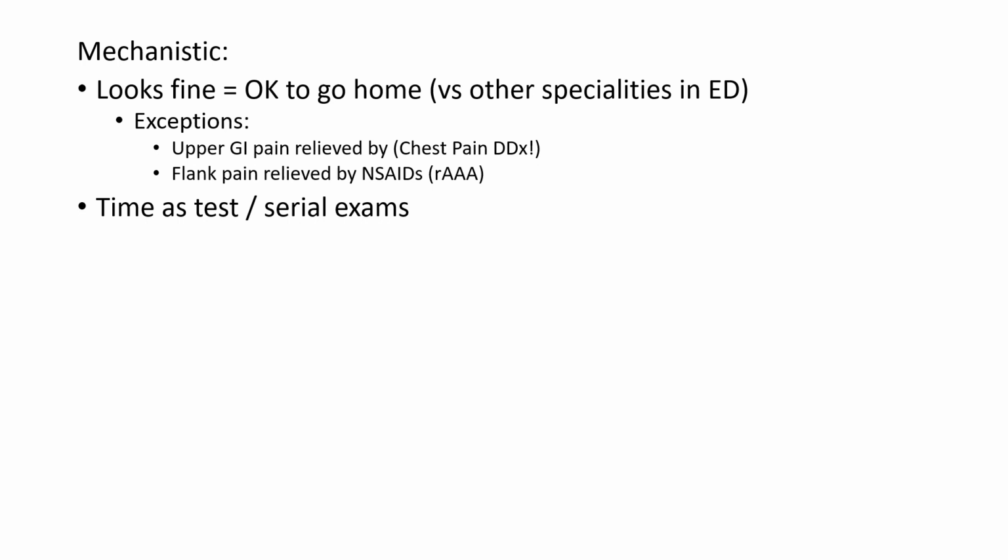Okay. Then another mechanistic argument is usually time as a test, or serial tests, because if something has gone wrong, and this kind of relates to the first point, then it should develop, right? If it's an inflammation, it would usually develop into some even worse thing, like peritonitis or a local abscess.